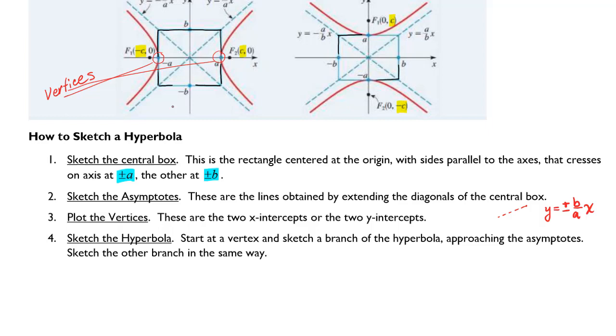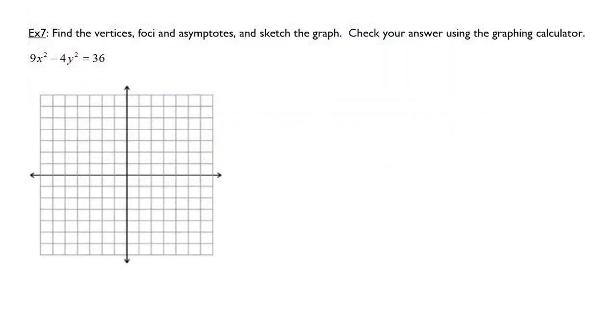Now let's go ahead and try one. In example 7, we need to find the vertices, foci, and asymptotes and sketch the graph. Check your answer using the graphing calculator, which you can do. You just have to solve for y. In this case, I have 36 on the right side and 9x squared minus 4y squared on the left side.